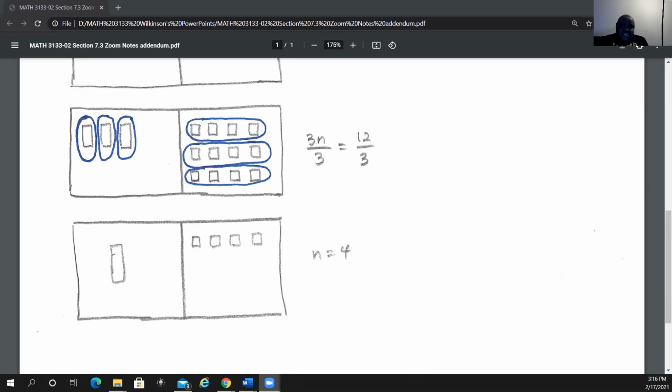Okay, since we're doing this by video, notice that the unshaded or the white rectangle represents the n tile, the black represents negative n. The white square represents 1, the black square would be negative 1.